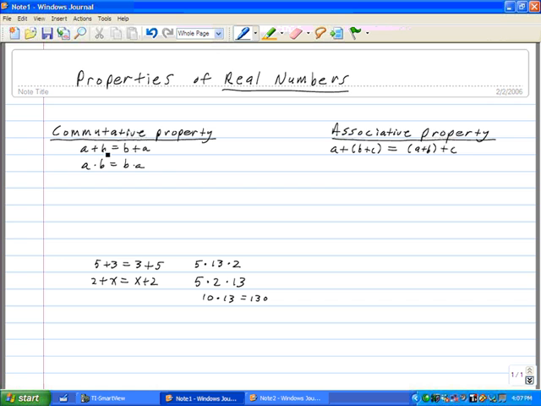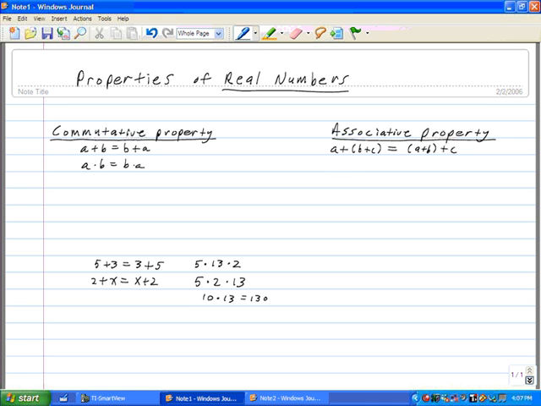With the commutative we only have 2 values and they are swapping the order. With the associative you're dealing with 3 values and you don't have an A plus B becoming a B plus A or anything like that. It's just a matter of shifting left or right of the grouping symbols.